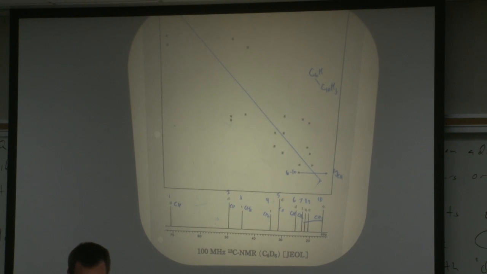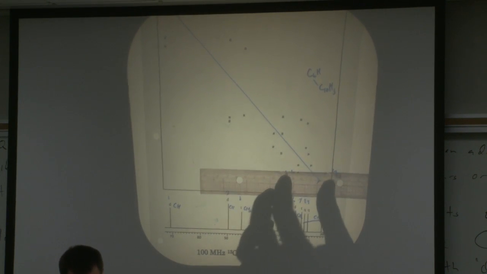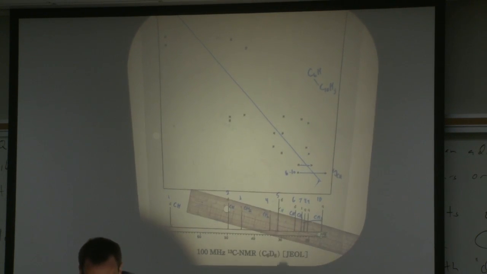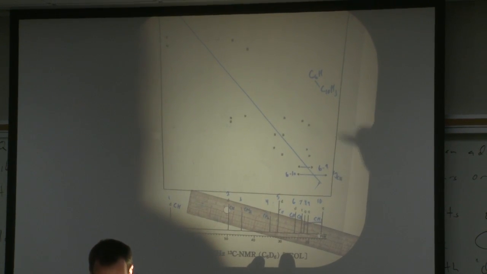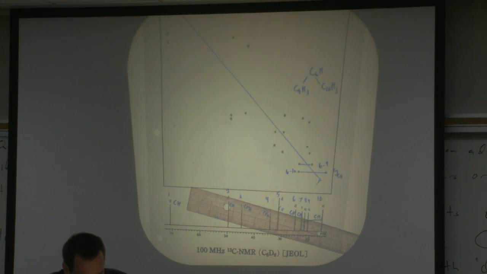Okay, so let's continue. I will just select my next pair. And so that is 6 to 9, so that's good. C9 is another methyl group, so C9H3.